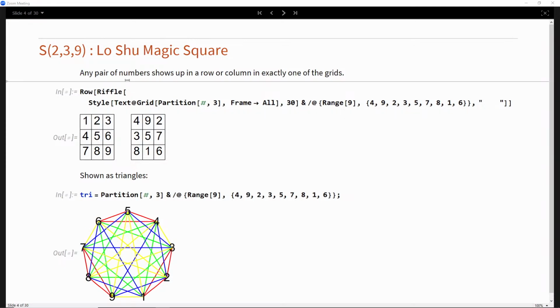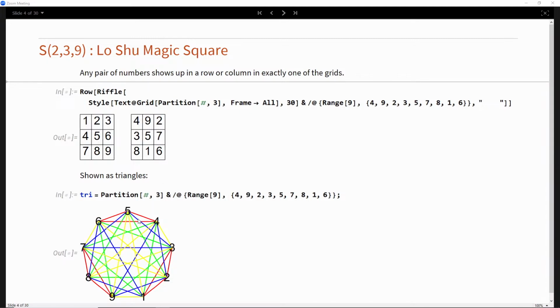And the alternate square is the Lo Shu magic square, where all the rows, columns, and diagonals add up to 15. If you combine these, the rows and columns make a complete set of the 12 blocks. There's a total of 6 rows and 6 columns, and together they cover all possible pairs of digits.